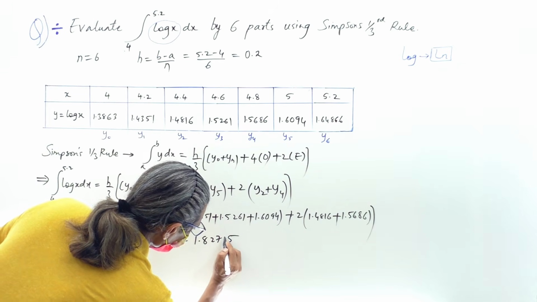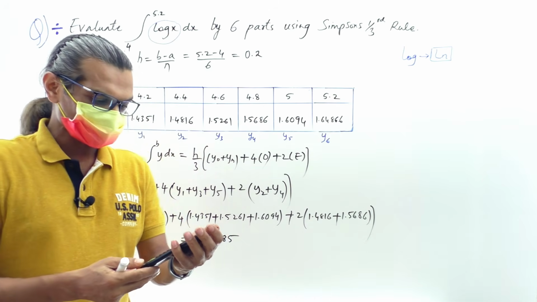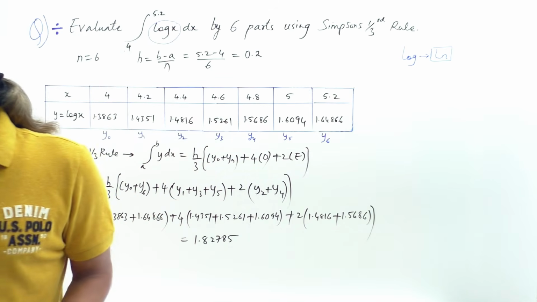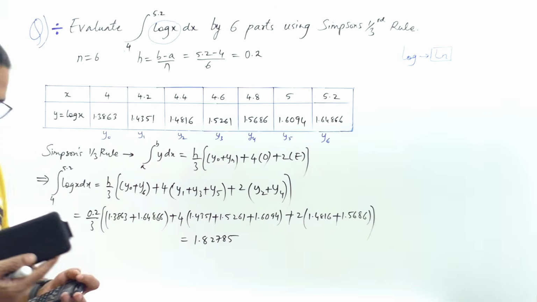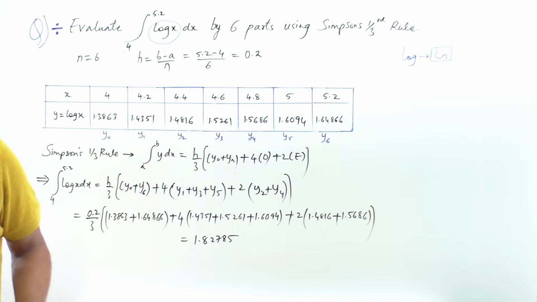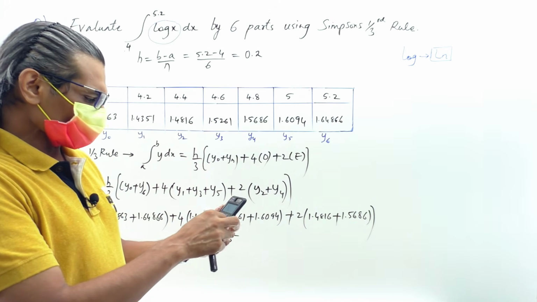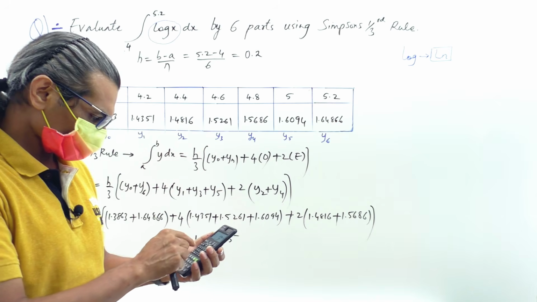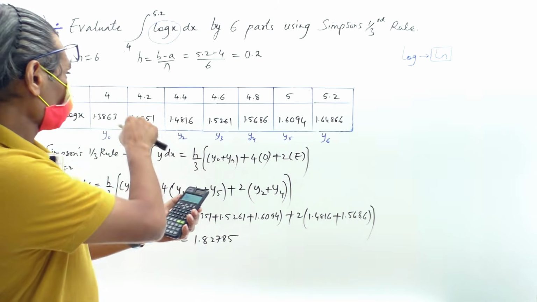How to verify? You can use a calculator, whichever you have: the FX991ES Plus second edition, or the other one, the FX991CW. Both calculators are available; you can use any of them. For the FX991ES Plus, there's a direct integration sign and ln of x.